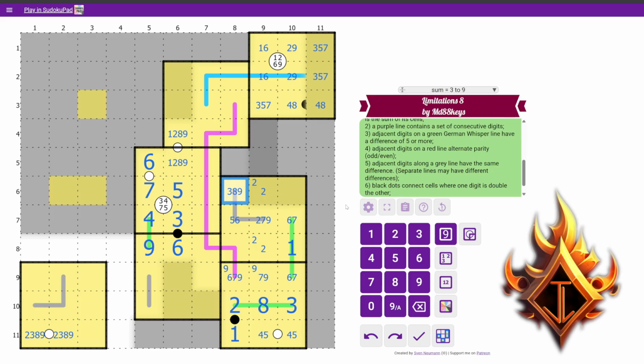So that is it. And then 9, 8, 7. 9, 7, 5. 9, 6 cannot be 3, 9, 5, 1 cannot be that. So that is it for this line here.